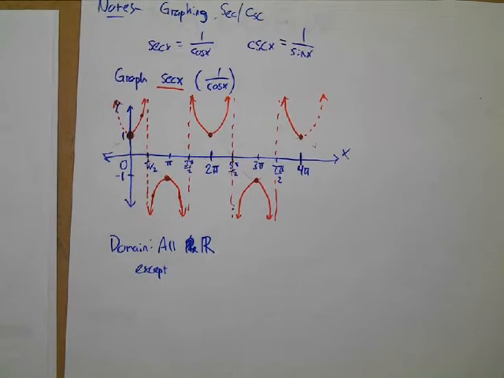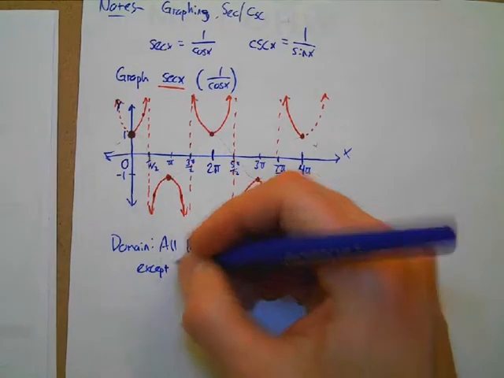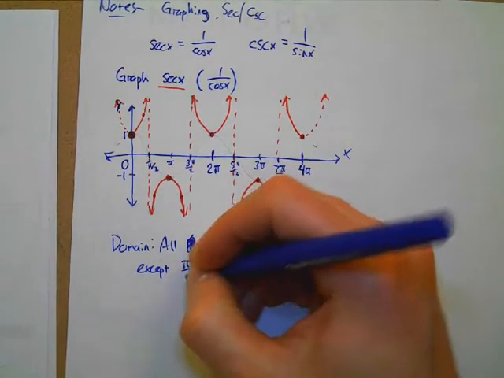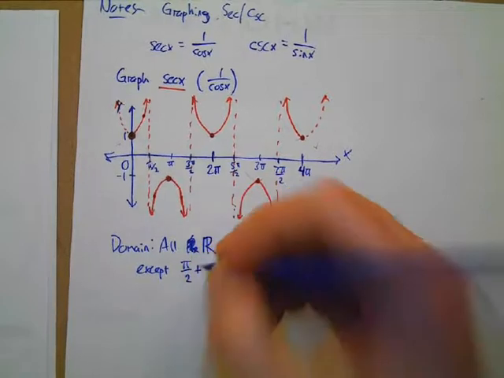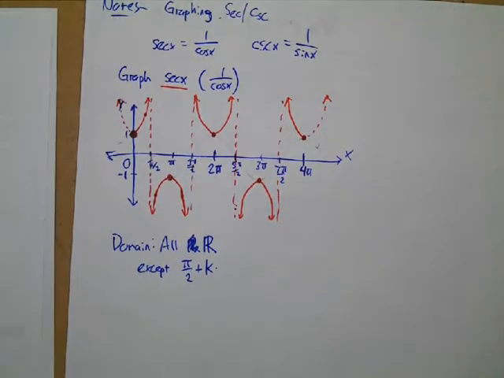I'll start with pi over 2, and I'm going to put a plus k times something. From pi over 2 to the next domain restriction, we add pi. And to get to the one after that, we would add 2 pi, or 3 pi, 4 pi, 5 pi, 6 pi.